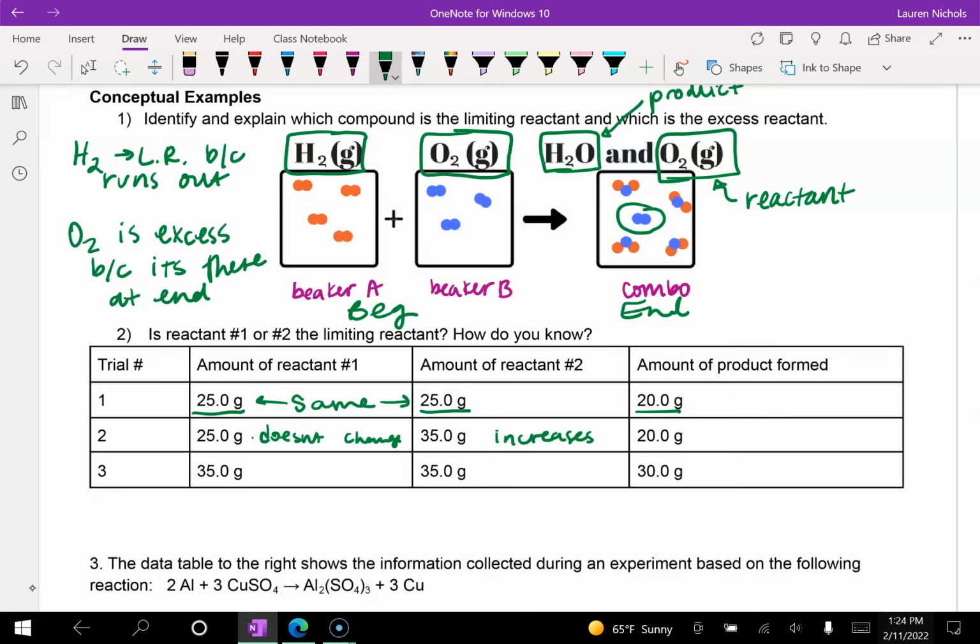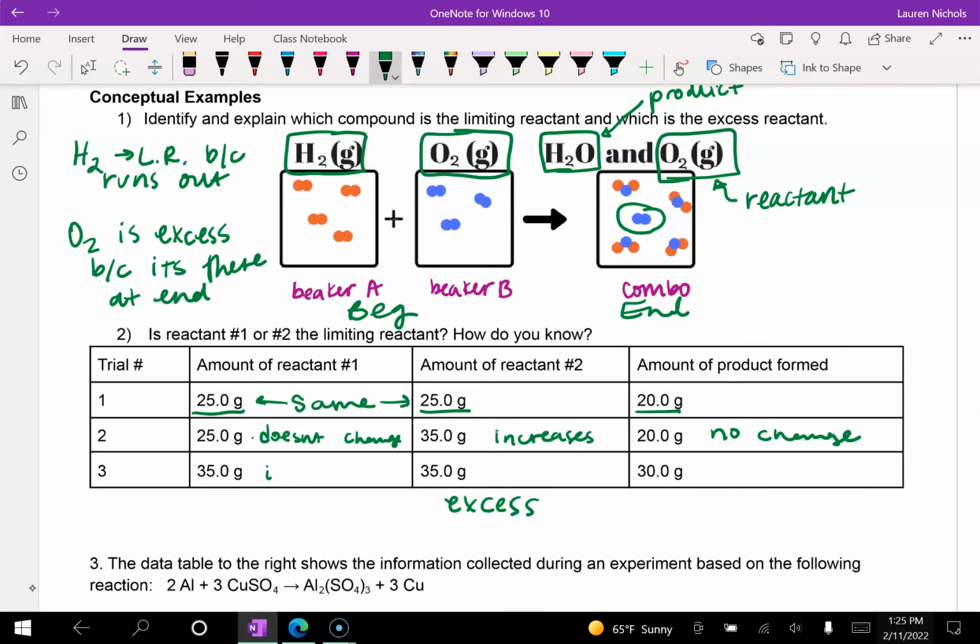But when we increase reactant 2, there is no change in the amount of product. So that tells us that reactant 2 must have already had more than enough to begin with. So this one must be in excess because when I add more, there's no change in the amount of product.